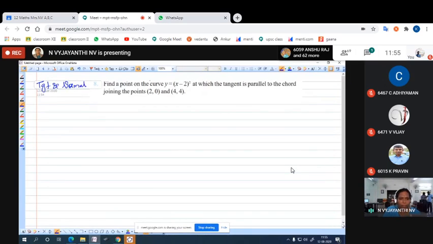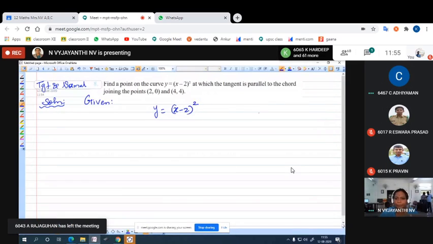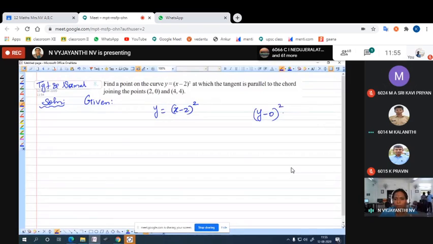Can you tell me what this curve is representing now? Parabola. This is of the form y − k = (x − h)².